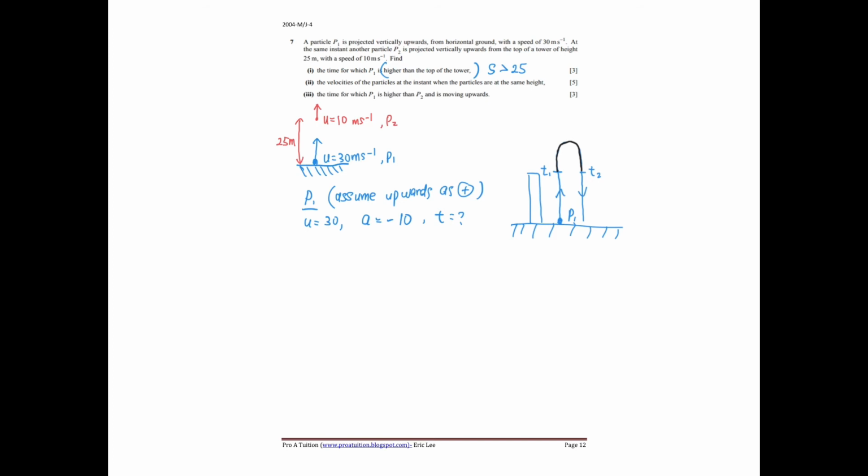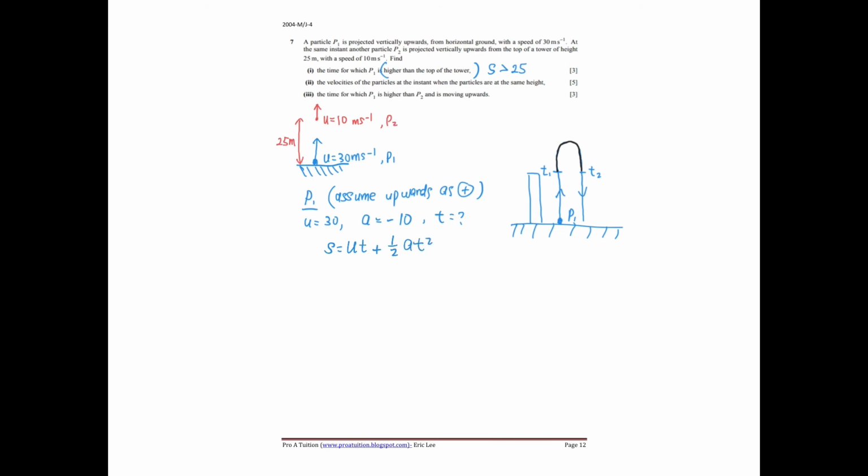Okay, so let's see the information available here. We have U, we have A, we have T, we have S also. So S, U, A, T, no V, then we use this formula: S equal to UT plus half AT square.